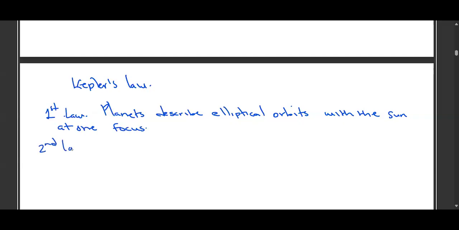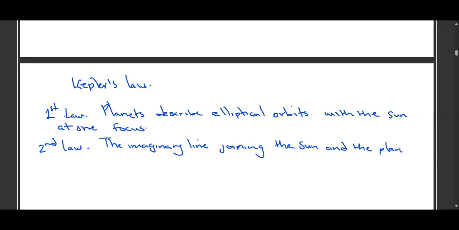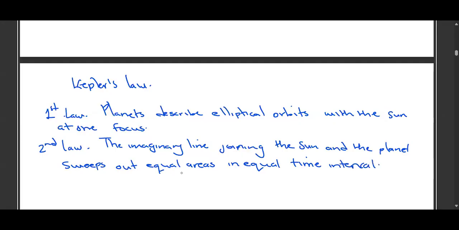The second law: the imaginary line joining the sun and the planet sweeps out equal areas in equal time intervals. That is the second law.